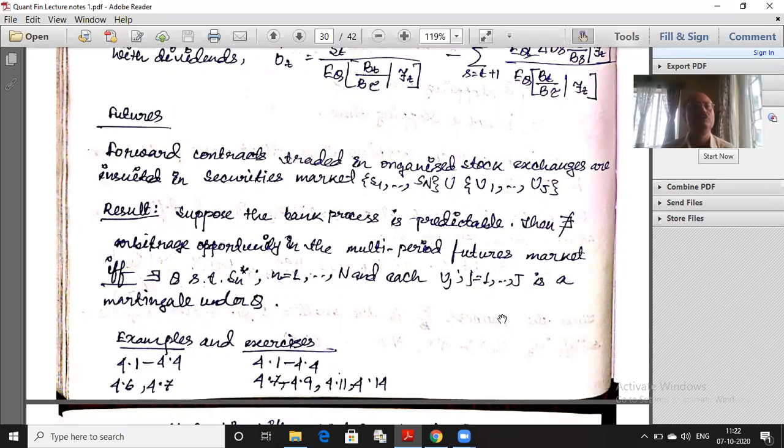The same kind of swap arrangement can happen in terms of volatility also. That's the example that I showed you on Monday, a variance and volatility swap. So basically, you quantify the uncertainty in your asset, call it volatility. You can use variance, you can use some other measure, doesn't matter.